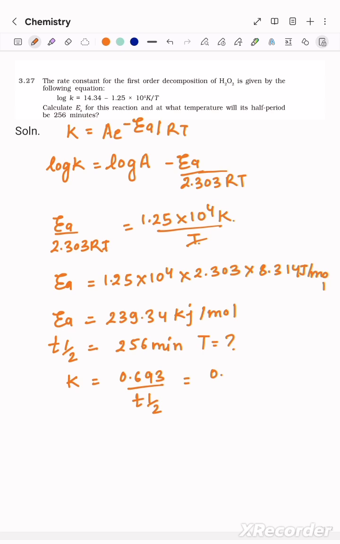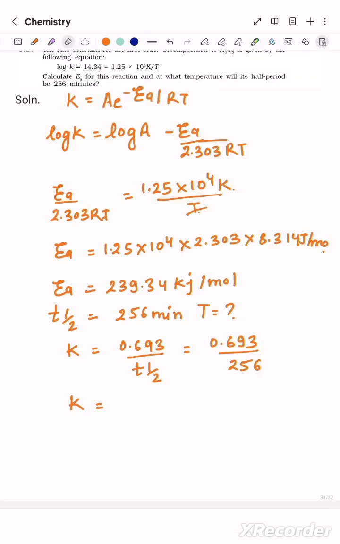Now here t half is given in minutes, and the rate constant for a first order reaction is in per second, so we multiply it by 60 so that it will become seconds.